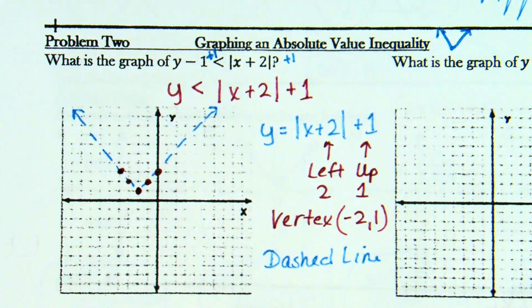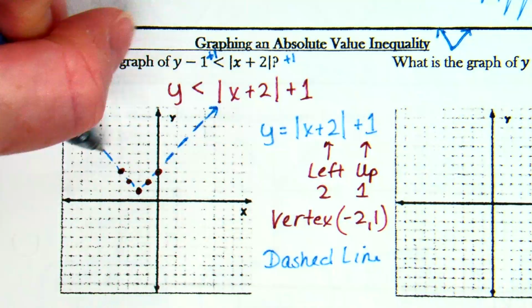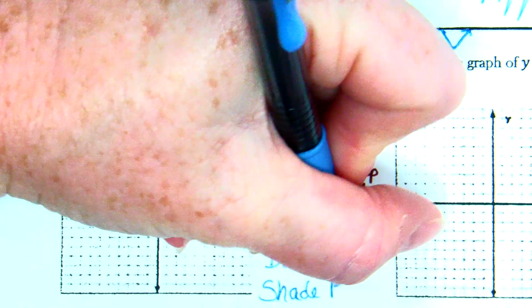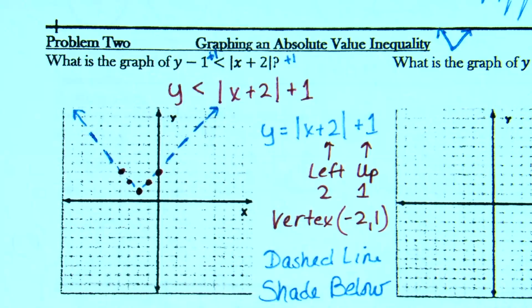And then you're going to ask yourself, where are we going to shade? What are my options? Up and down. Above or below? Do we agree with below? It's less than. So less than is shade below. Where is below on this graph?